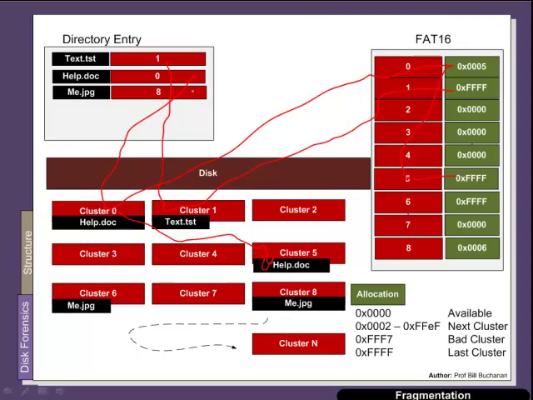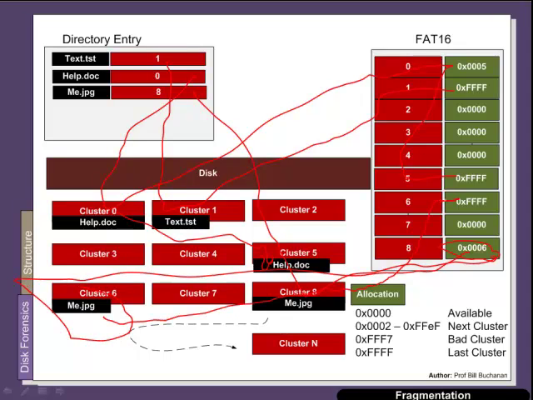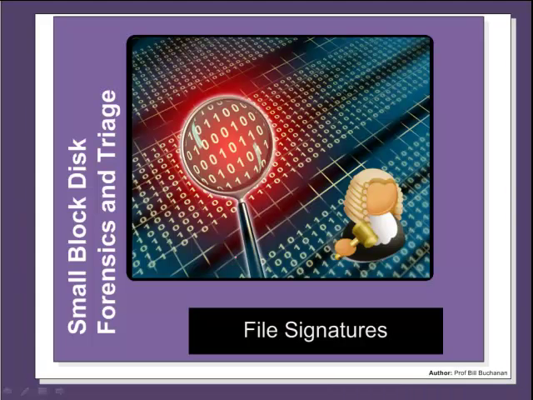And then me.jpg is on cluster 8, our next cluster is 6, and that is defined with an end of last cluster identifier.